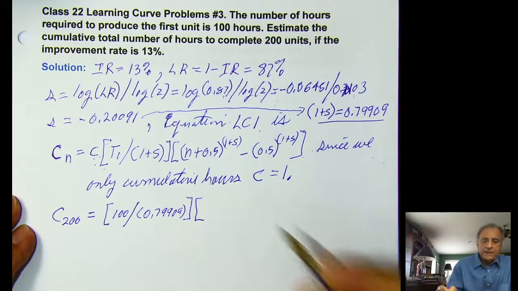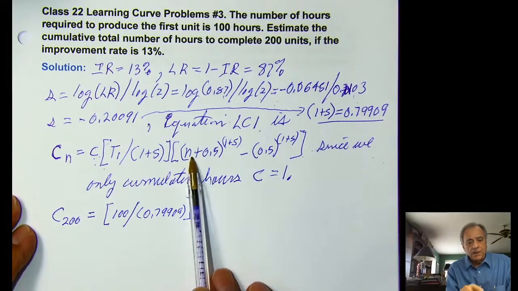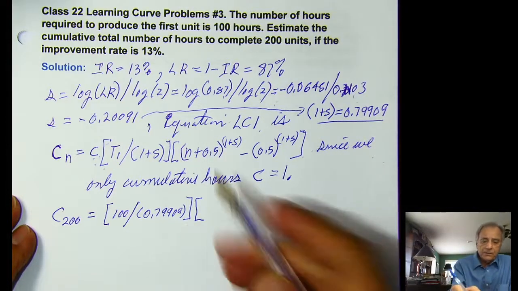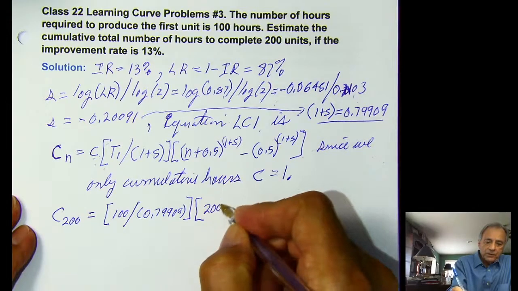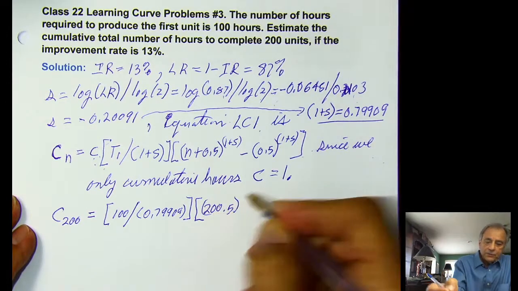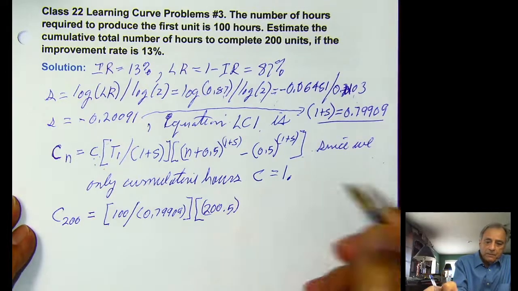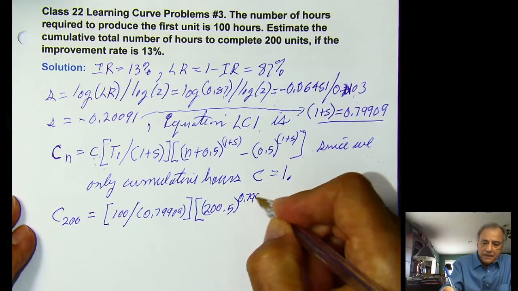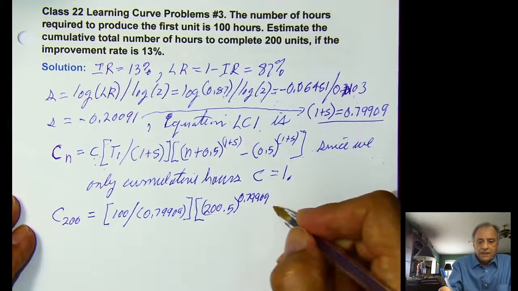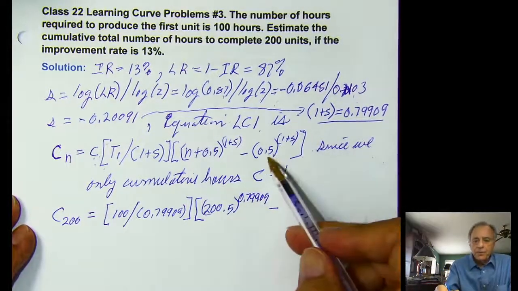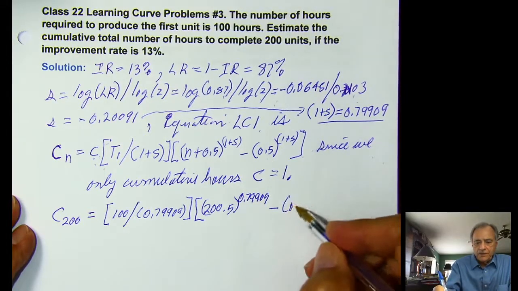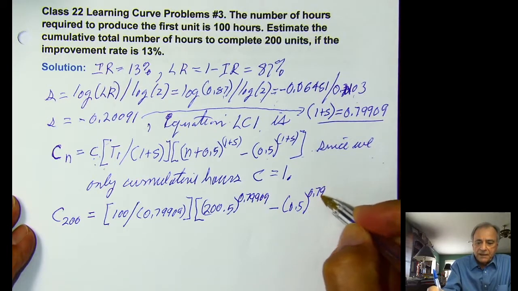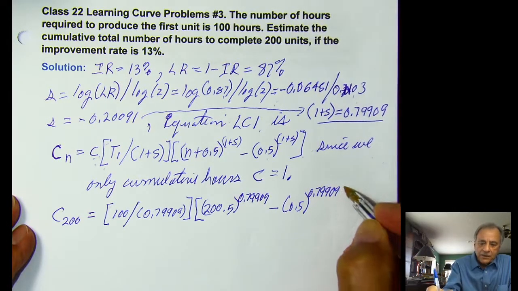We're going to multiply that times, now N is 200, so we're going to have 200.5 to the 0.79909 power, and then we have minus 0.5 to the 0.79909 power, and then we close the bracket.